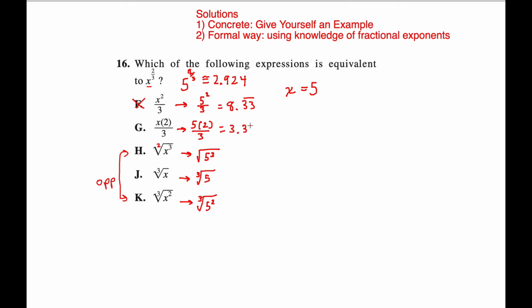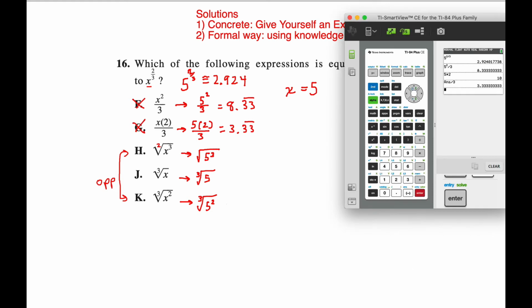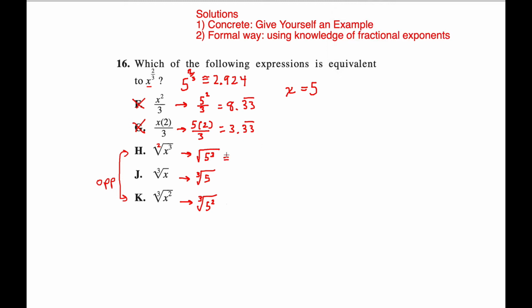And once again, that does not match up with the 2.924 that we're looking for. Answer choice H is the square root of 5 cubed. So we'll do square root 5 cubed, and that is 11.18 approximately. 11.18, and that is, again, not what we want.